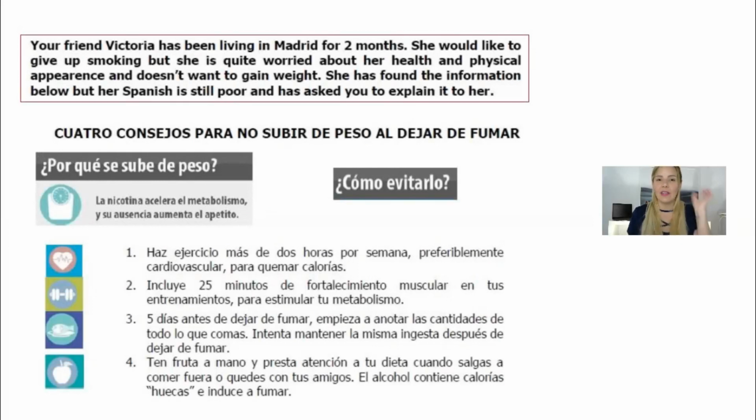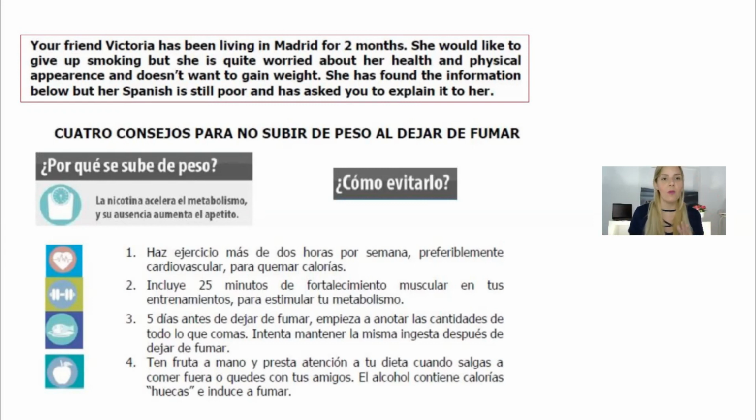So with this task, I give them time to prepare, to take notes, to ask me questions if there are words that they don't know or they're not sure of, and then I give them time to explain to me, in this case Victoria, what the leaflet is about or what the text is about, right?